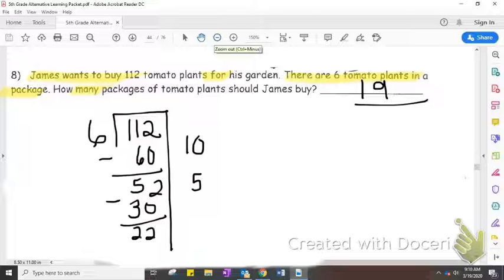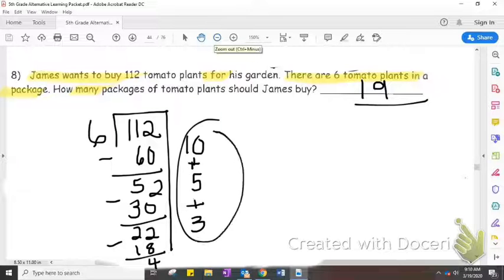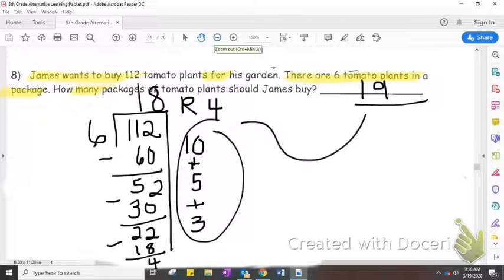Now I'm left with 22 left to divide. Okay, that's supposed to be a plus sign. Alright, so I know that 6 times 3 is 18. And there I get my remainder of 4. Put all this together, and I get 18 remainder 4. We should buy 19 packages so that James has enough.